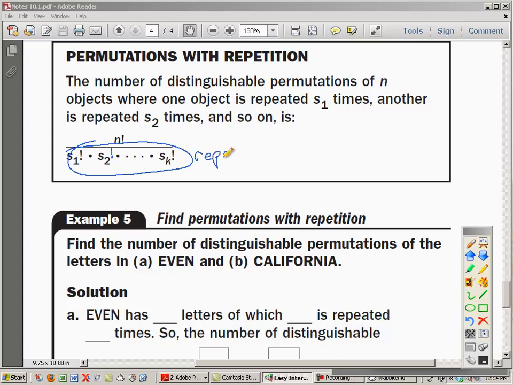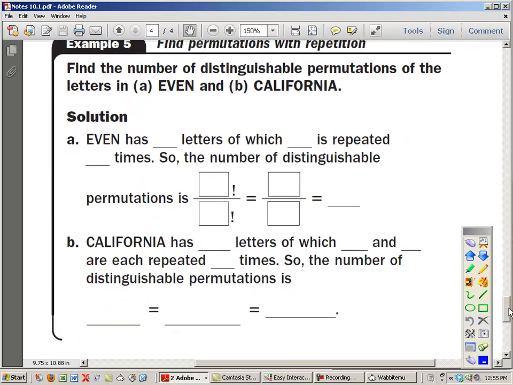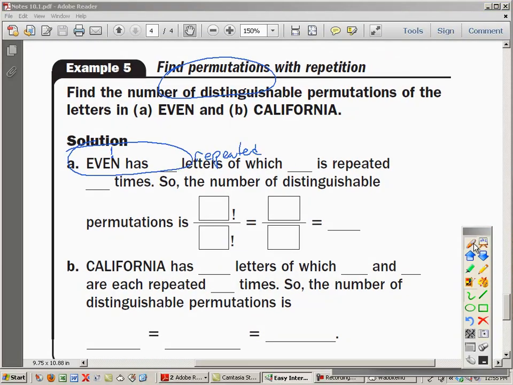Now, you might be asking, what does distinguishable mean? Well, distinguishable means those combinations that you can distinguish between. When you take a look at example 5, this should make a little more sense. But if it still doesn't make sense to you, we can certainly talk about it in our next class meeting.